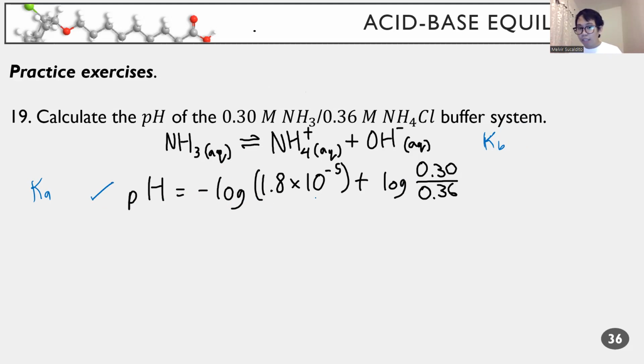What is 1.8 times 10 raised to negative 5? That's the Kb of ammonia, right? So negative log of it gives pKb, and then this will be flipped.